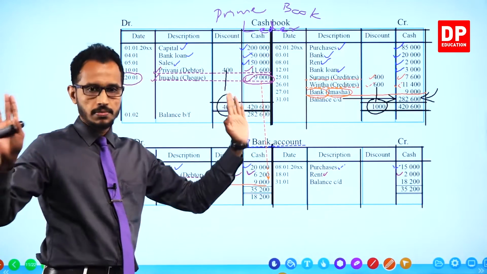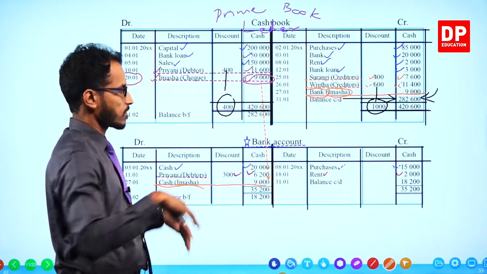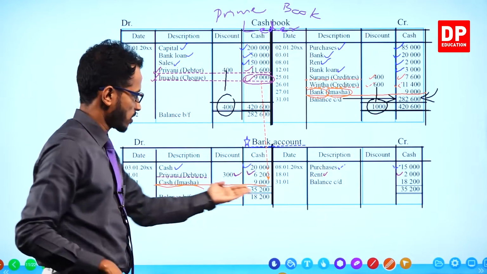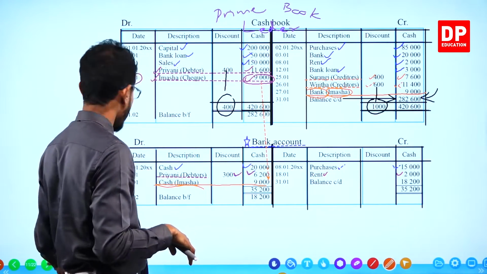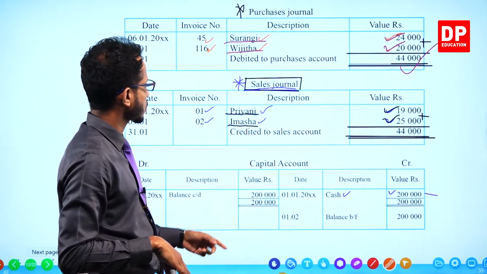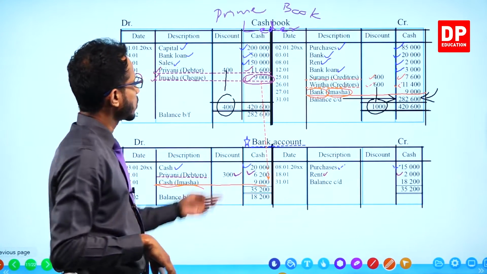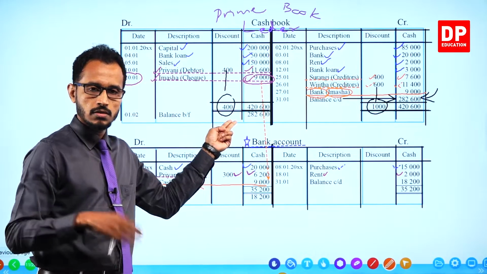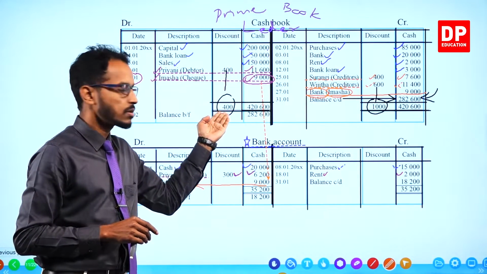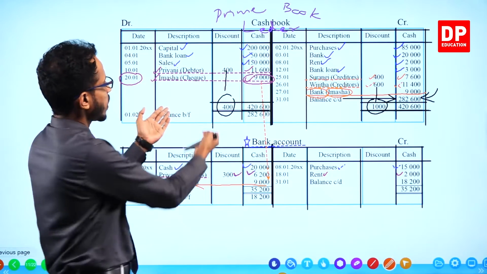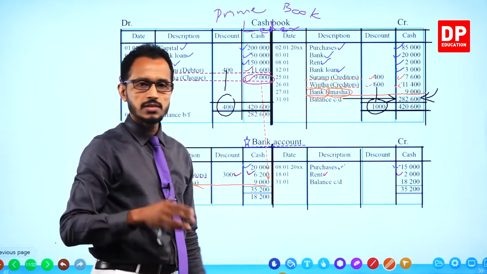Then we can go ahead and balance the other accounts. All the accounts are balanced. Then what about these? You just take the total and let it be in the discount columns.